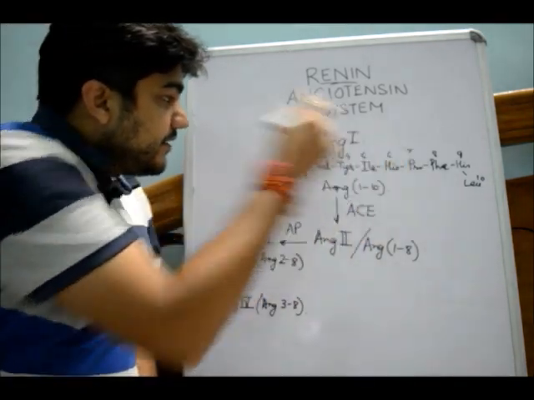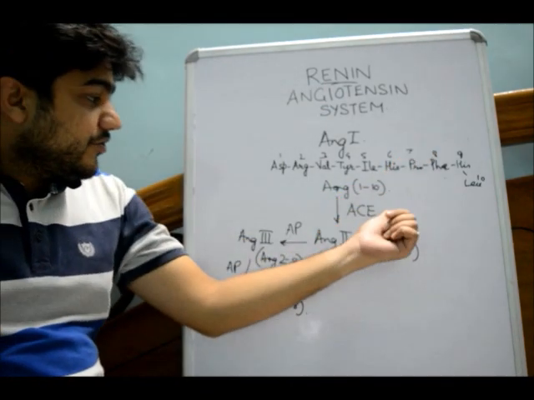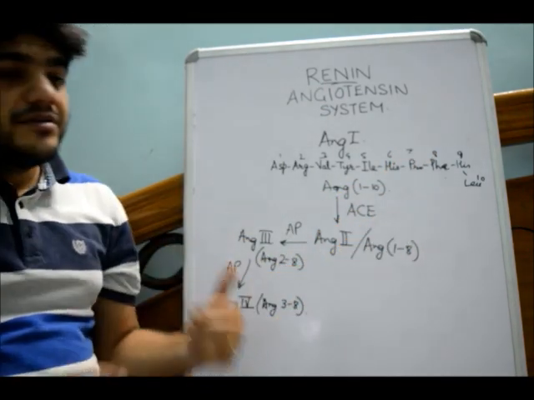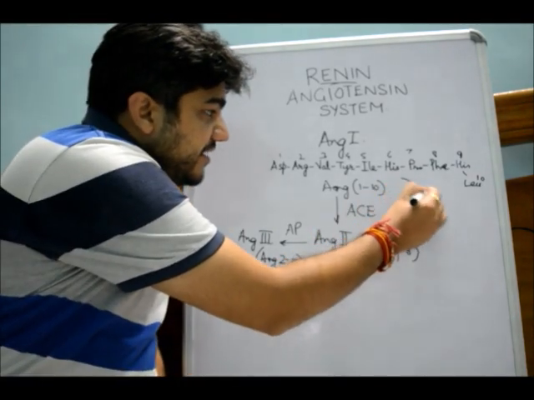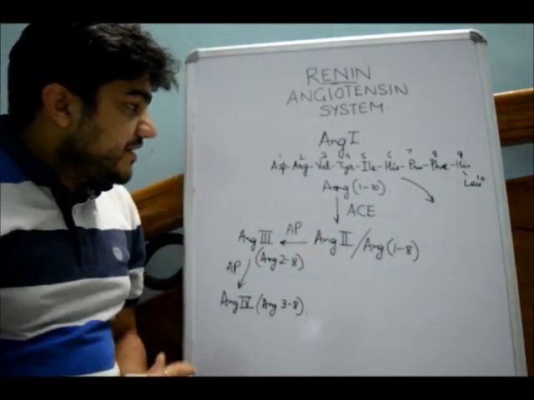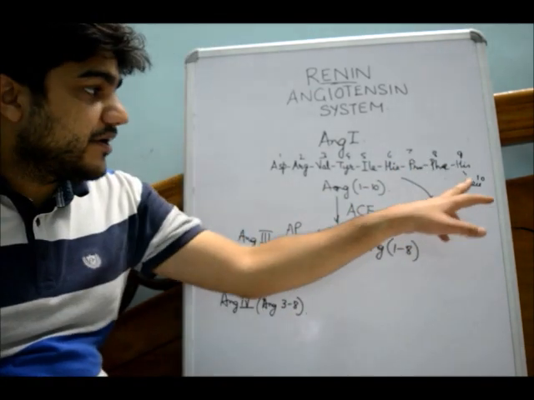Okay, and this angiotensin 1, not only by ACE but by another enzyme called ACE2, can be converted into another angiotensin which cleaves only one from the carboxyl end.